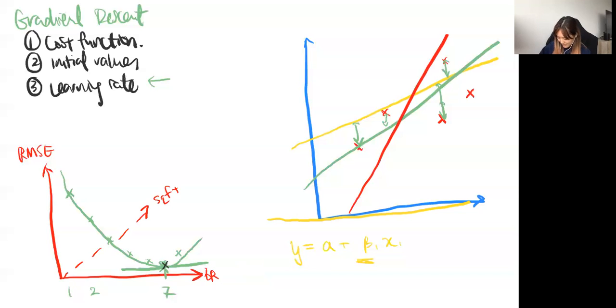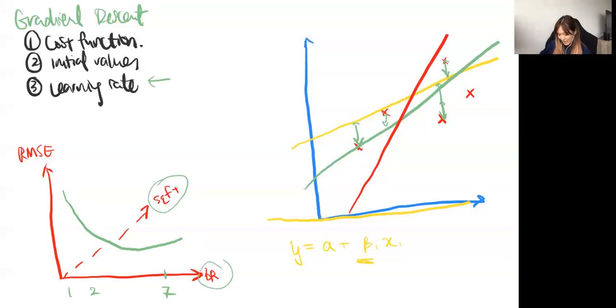So instead of this green graph here, you'll have a curve going in 3D, going out like that. Then you're changing both of these at the same time, and you're going to find a minimum overall, a minimum in all dimensions. It gets kind of abstract with more features, but the concept is the same.